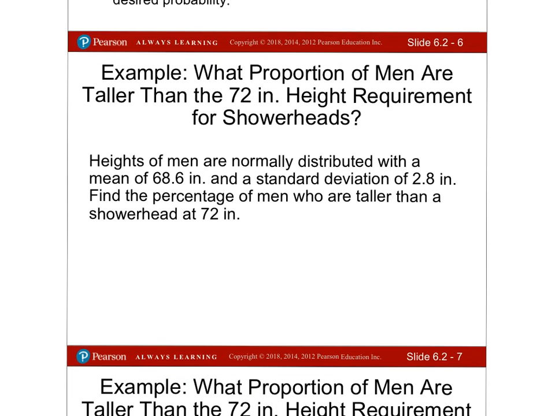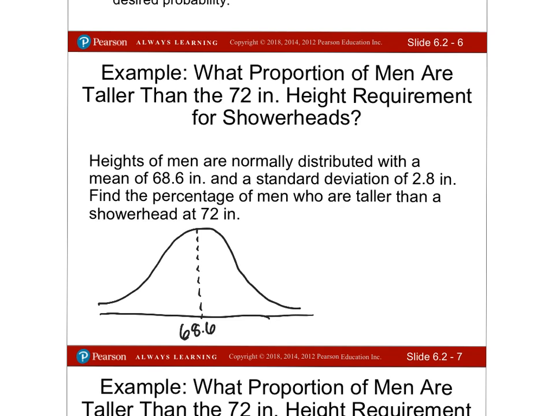What proportion of men are taller than 72 inches in height? So here's the problem. Heights are normally distributed, and the mean is 68.6 and the standard deviation is 2.8.